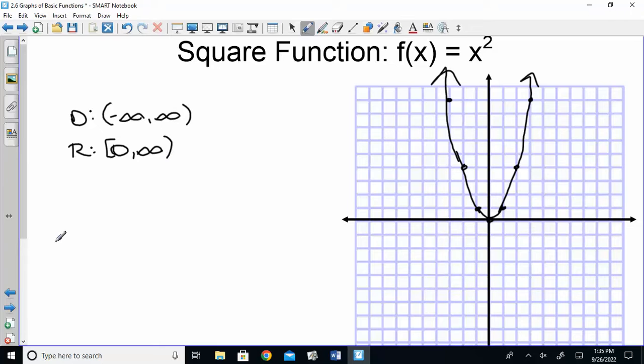What if I asked you increasing, decreasing, constant? What's this graph do first? It decreases, and again we list the x from negative infinity to 0. And then what's it do after that? Increases from 0 to infinity. Where is this graph continuous? Everywhere. Negative infinity to positive infinity.